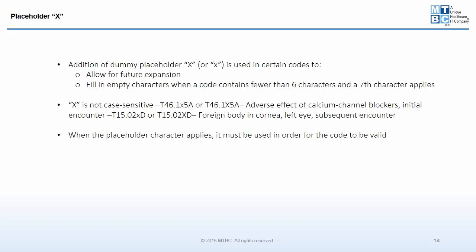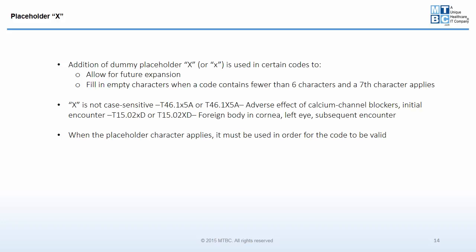If you look at the code book, you'll see it has so many digits, and if it's saying that this is the 7th character and you don't have a 6th character, you would use the X. X is not case sensitive, and these are just a couple of examples explaining.